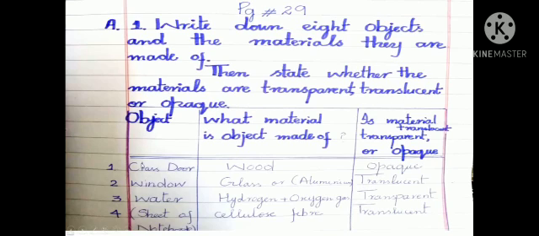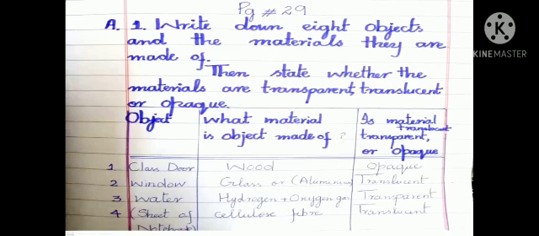Number 1 object, that is the glass door. The glass door is made up of wood, and is the material transparent, translucent or opaque? No light can pass through it, so we can say wood is an opaque object. Number 2 is the window. Window is made up of glass and glass is a translucent object, meaning some light can pass through it.